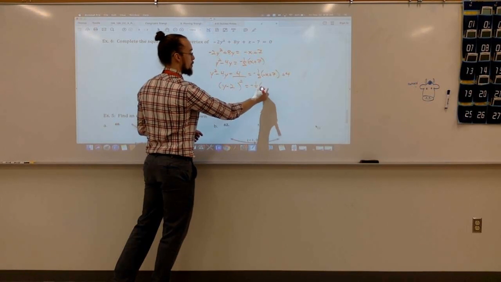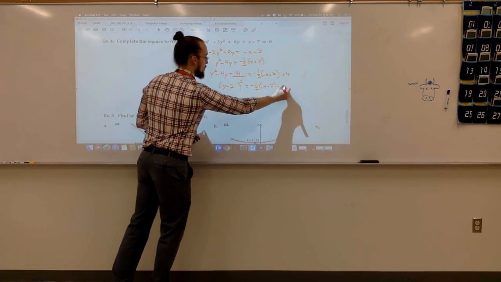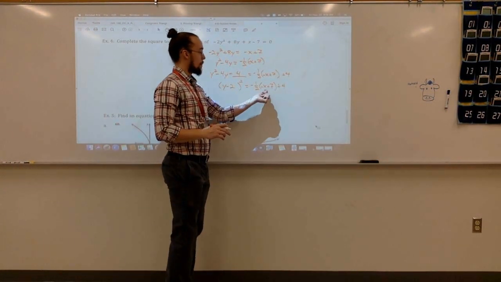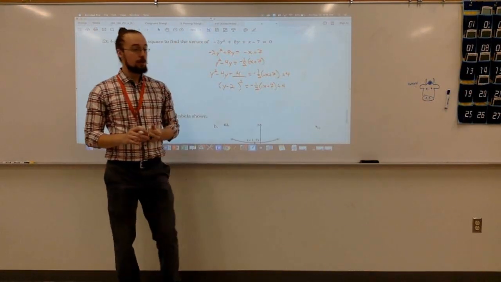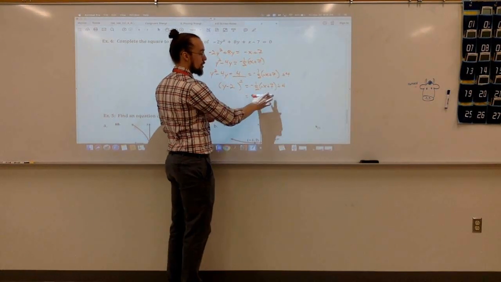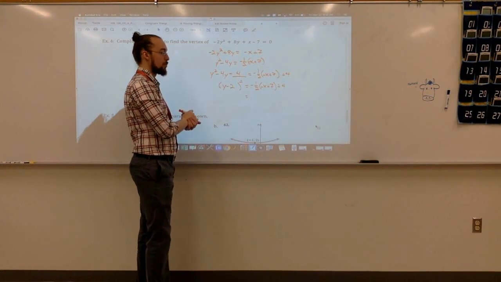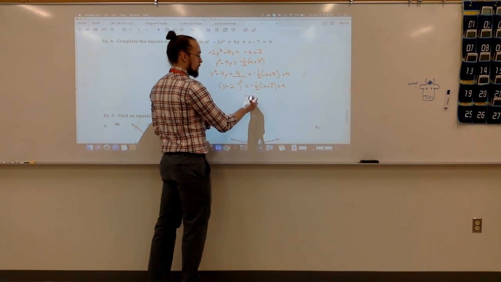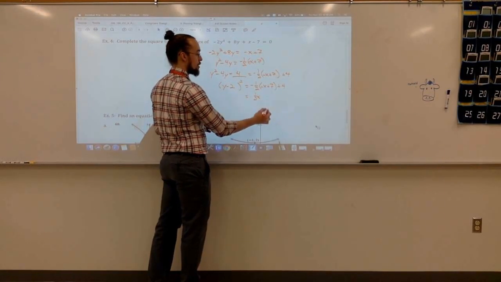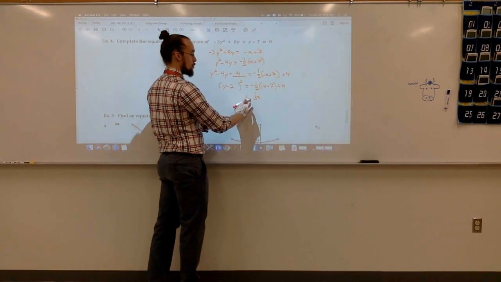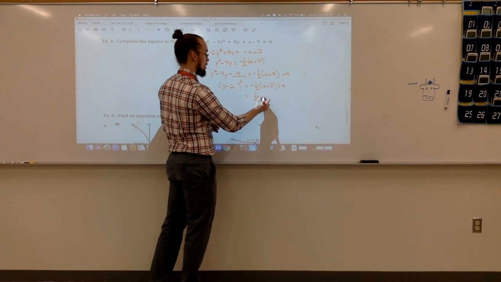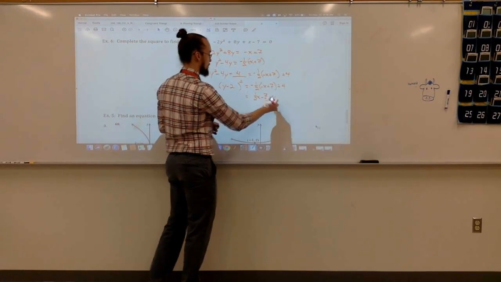Now I've got to clean up this side of the equation some. I want this to be a positive x, so I could go ahead and distribute this -1/2 through and then clean this up a little bit. There's a couple of different ways that we could go through this process. If this is 1/2 x, this will be -7/2 plus 4.